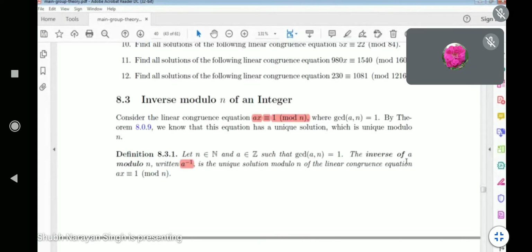We call it the inverse of a modulo n. We call that unique solution of the equation ax congruent to 1 modulo n the inverse of a modulo n. This is a name, and we denote it by the symbol a power minus 1 and read it as a inverse.